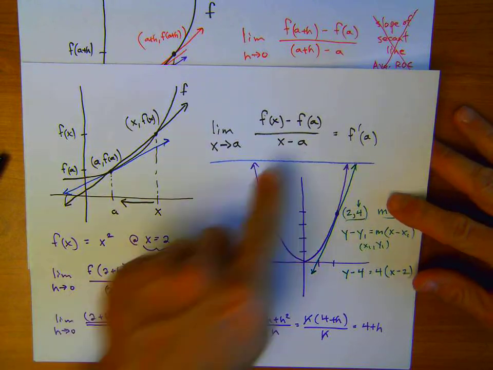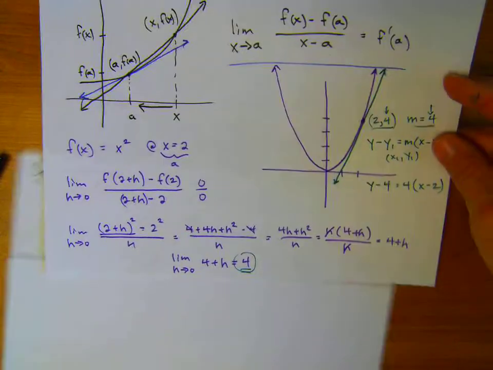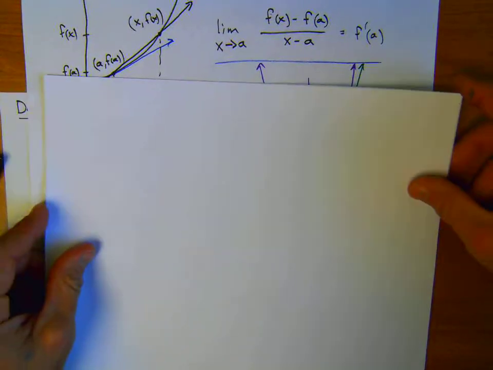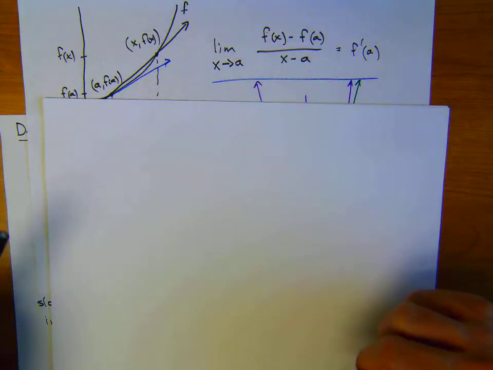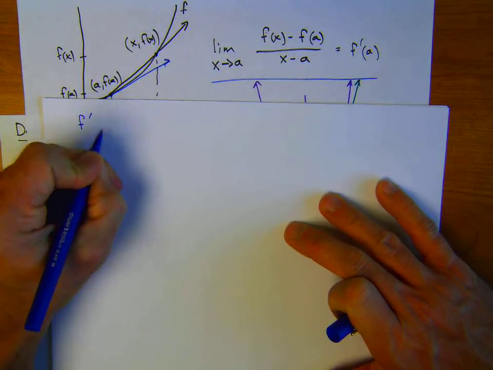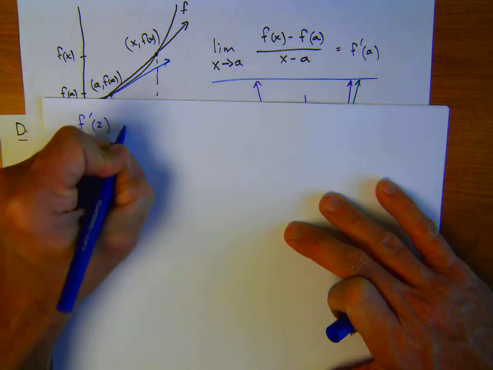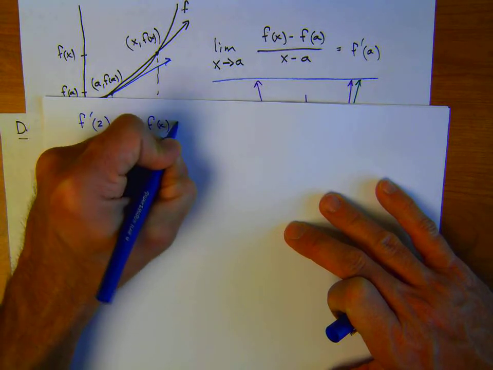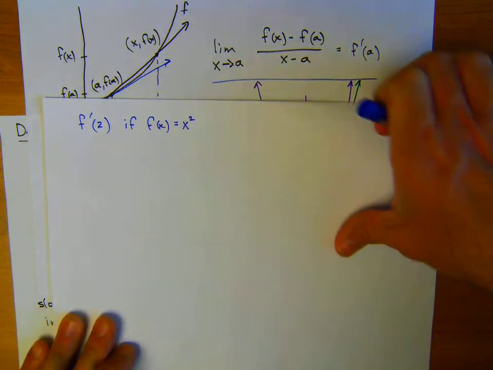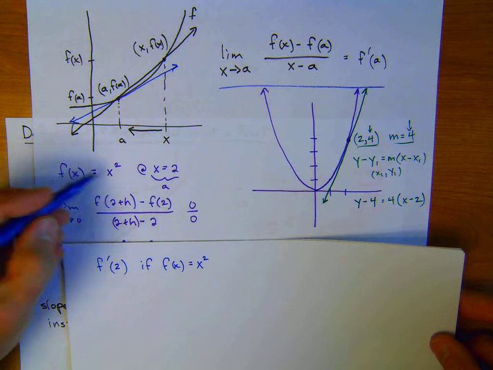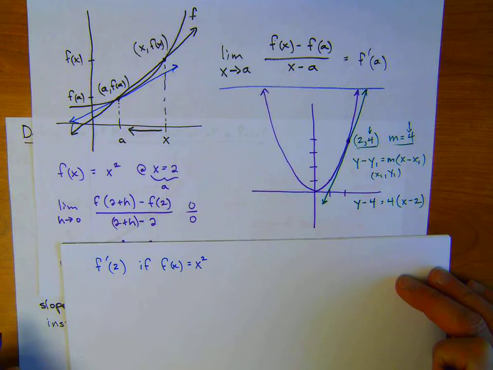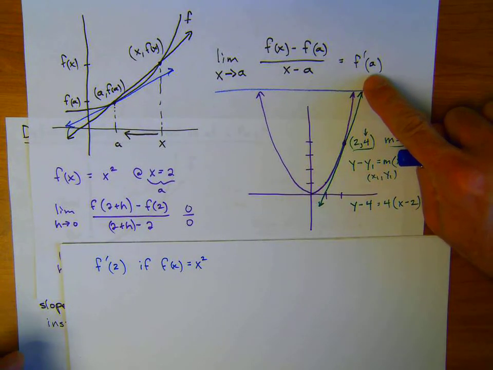So let's use this formula now and go through the calculation one more time. Let's remember what we're doing. We want to find f prime of 2 if f of x equals x squared. Notationally, that's the same thing as f prime of 2, because this is f prime of a, and our a is 2.